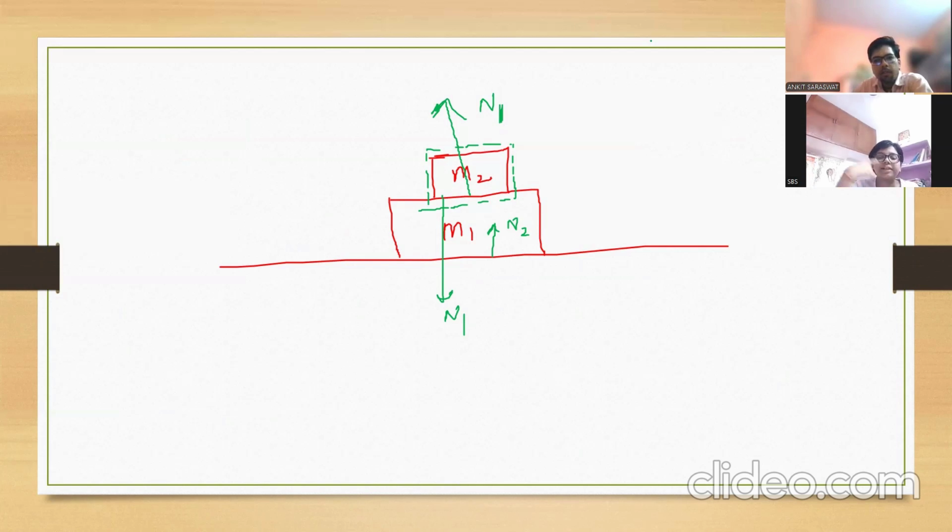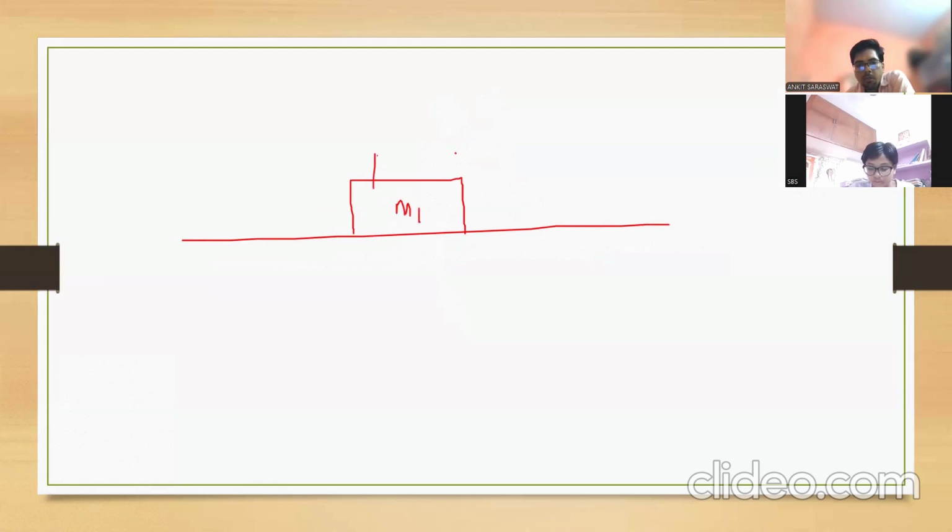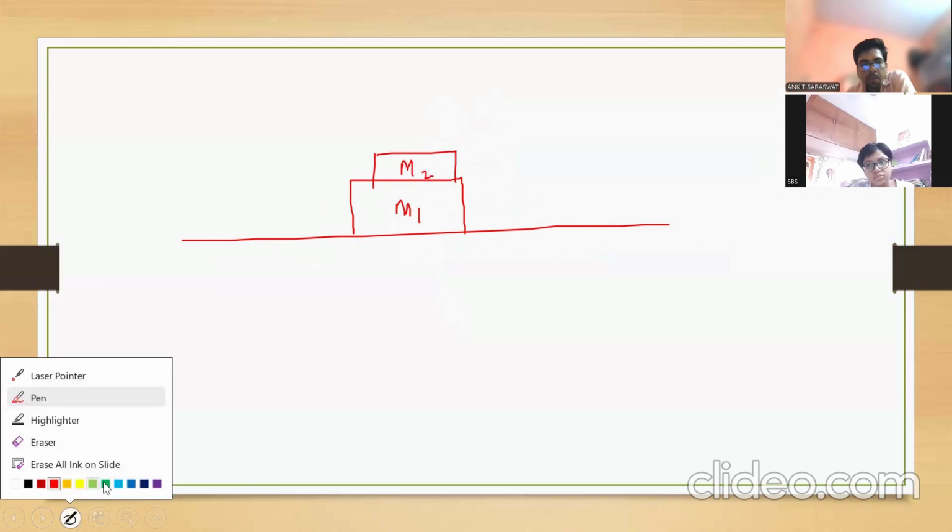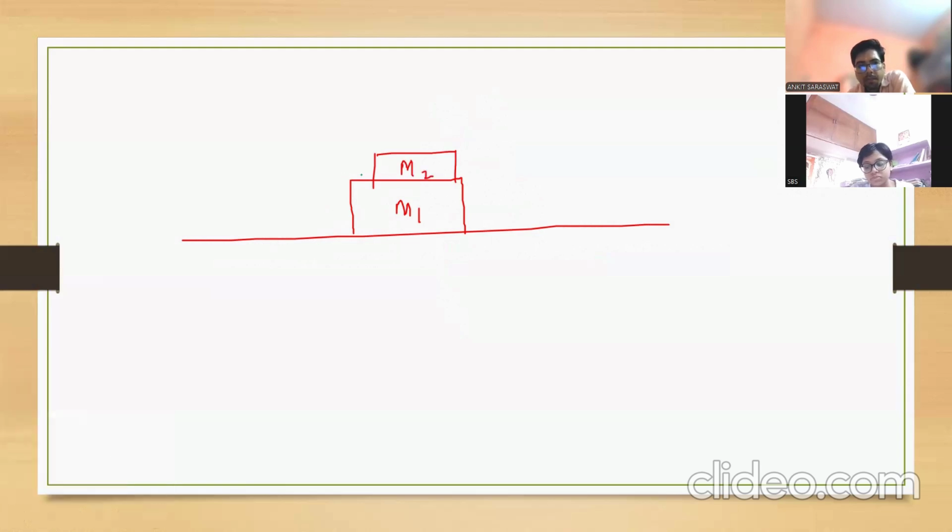Sir, can you explain that again? Very easy. Look at here, what I am saying. This is M1. This is M2. So you please tell me, this is my system. Clear?